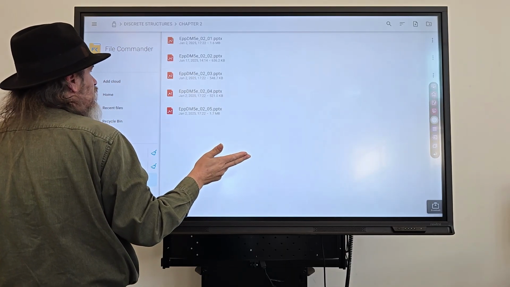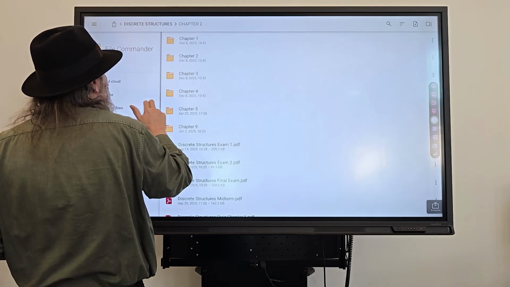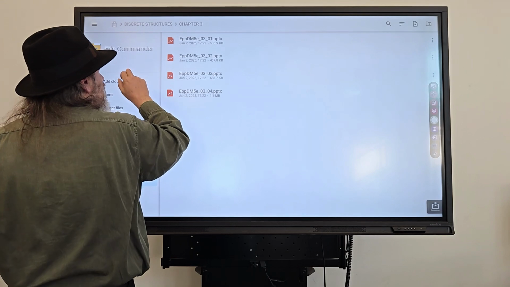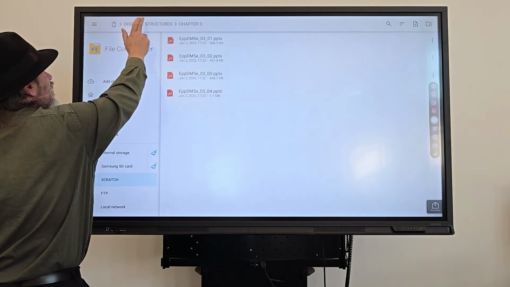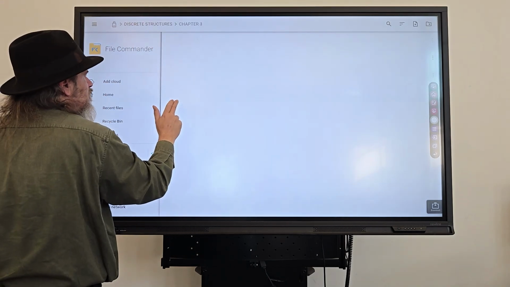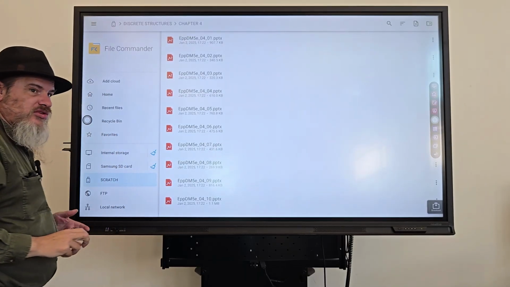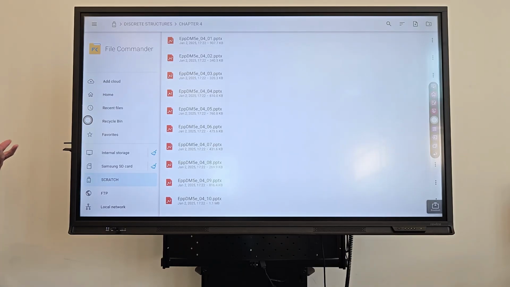That's a week and a half, 2 weeks. Chapter 3, I think, is a short chapter. Chapter 4, that's the big one. 10 sections. So this one would be about 3 or 4 weeks before the test.